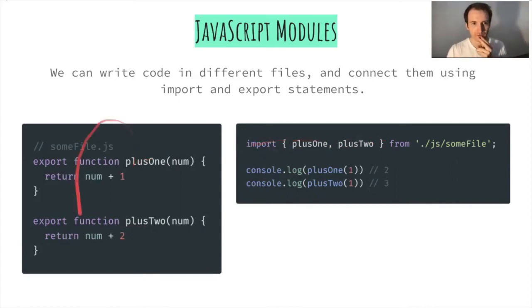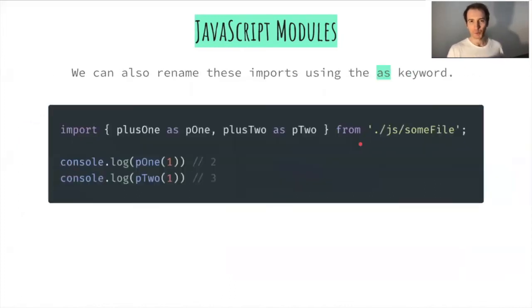So doing this essentially means that it's as if we just declared these two functions at the top of this other file on the right. And now we have access to both of these functions inside of this second file. This is important because we use this a lot with React.